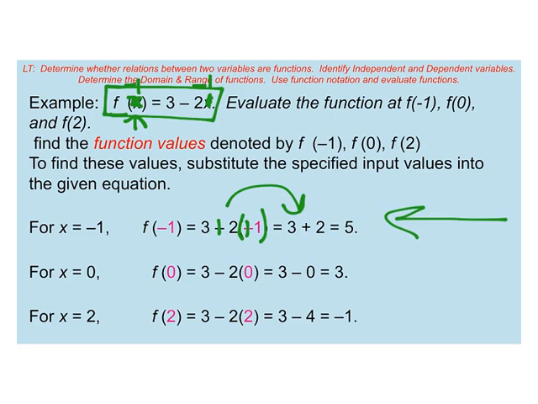Okay? The second one that I've asked you to evaluate is evaluate the function when x equals 0, or tell me what f of 0 equals. So instead of 3 minus 2x, I'm doing 3 minus 2 parentheses. Okay, instead of the x, I'm going to do parentheses and plug in that x value of 0.